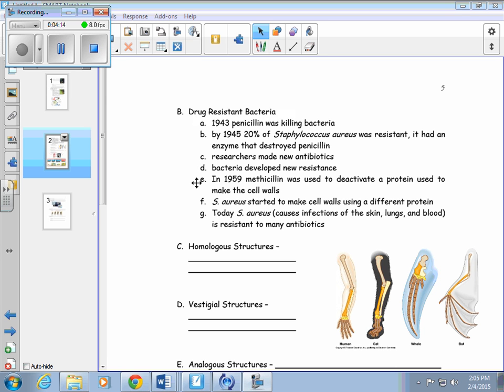In 1959, methicillin was used to deactivate a protein that was used to make their cell walls, and that's an antibiotic, and it was a unique way to kill the bacteria. But then shortly after that, the bacteria mutated once again and mutated to make their cell walls using a whole different protein. Today, bacteria that causes infections of our skin, our lungs, and our blood is resistant to many of our antibiotics.